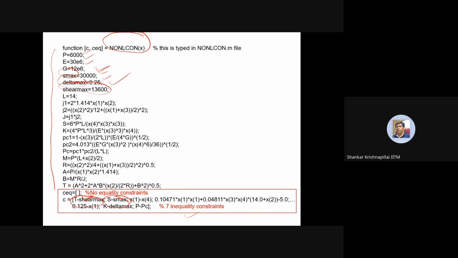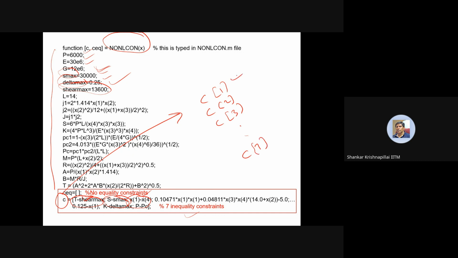Then sigma minus sigma max, or normal stress minus maximum normal stress. Then this is that h is less than or equal to b. Then all these things. So C will have 7 values: C1, C2, C3 up to C7.